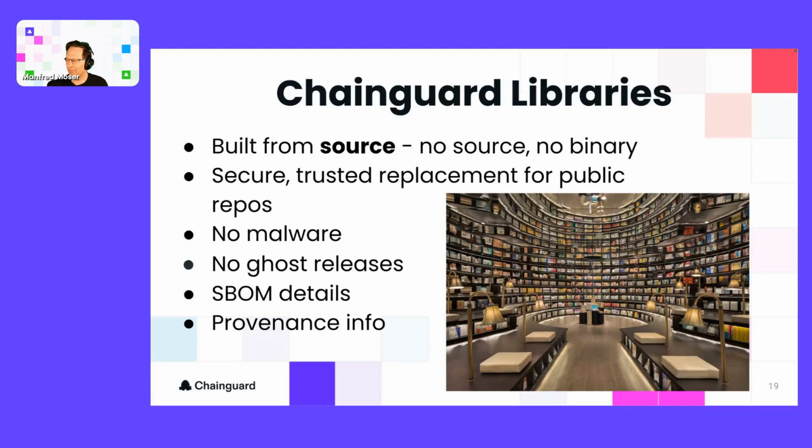We replace the public repositories. So we replace Python Package Index, NPM registry, and Maven Central with compatible replacements that use the same APIs and access models, so they're used perfectly fine. You don't get any malware. You don't get any ghost releases. A ghost release is a release that's newer than the official release and basically sneaks in.